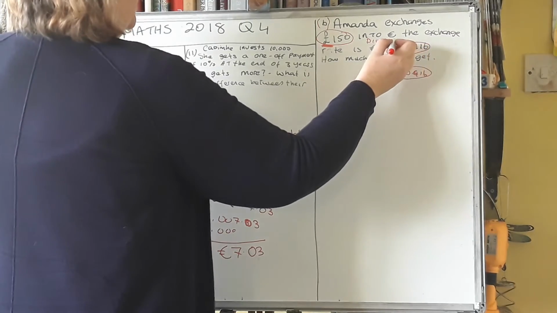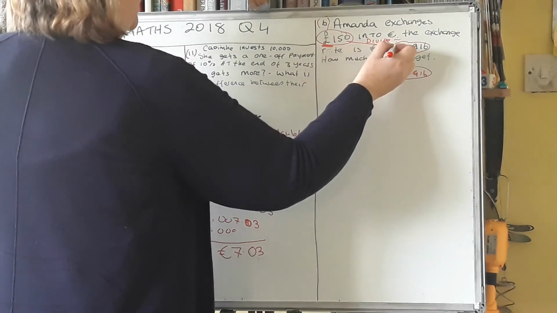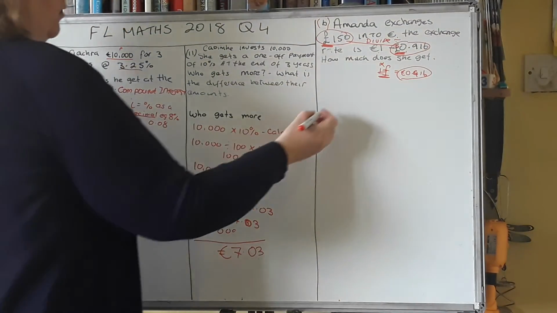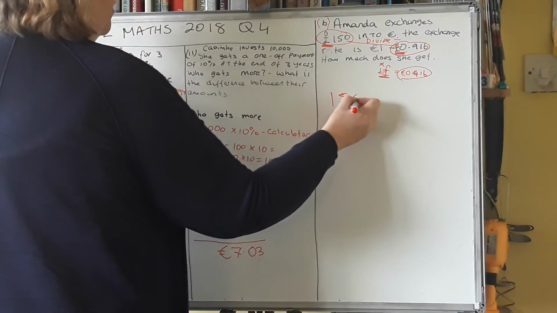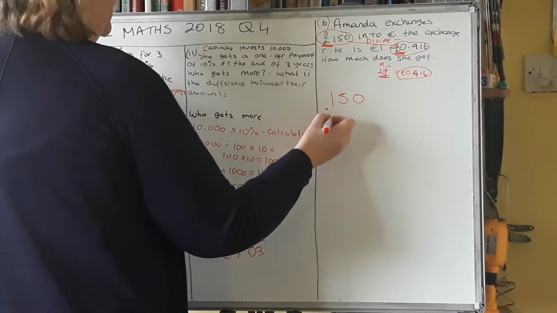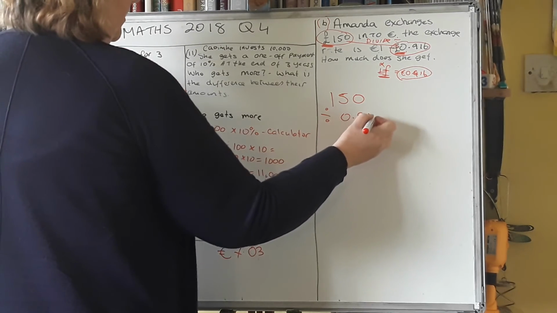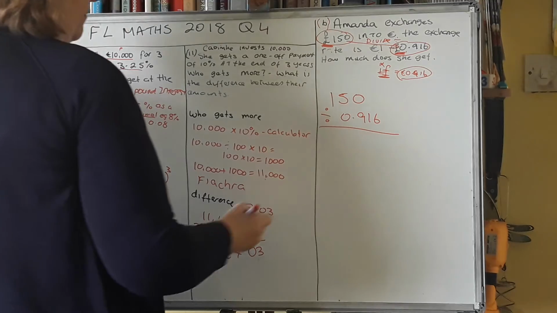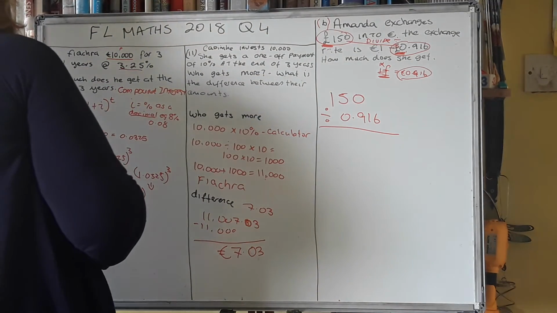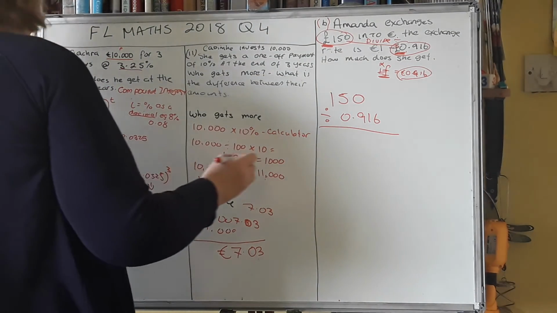So you're going to divide that by that. So 150 divided by the exchange rate, which is 0.916.